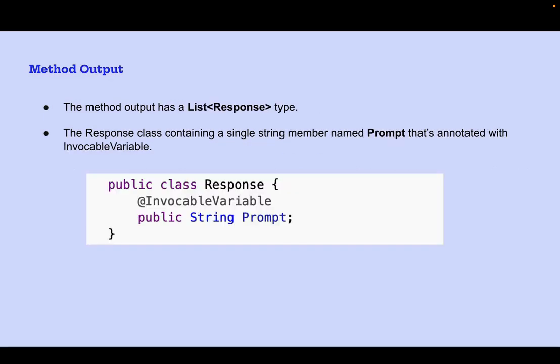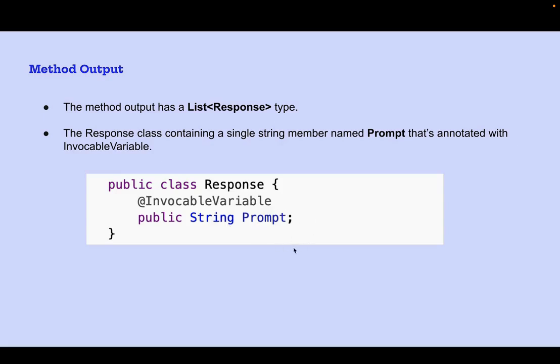Now let's see how the method output looks. The method output has a type list of response, and the response is again a class that contains a single string member named prompt that's also annotated with invocable variable. So this is how our response class looks, and it contains an invocable variable named prompt, and the data type is a string.